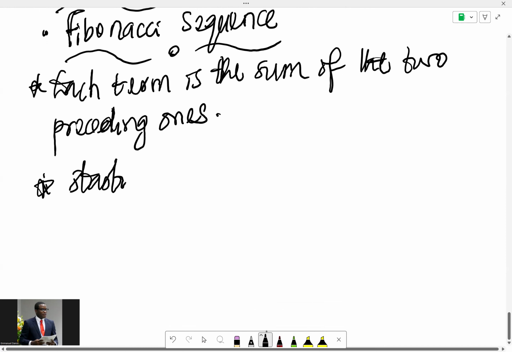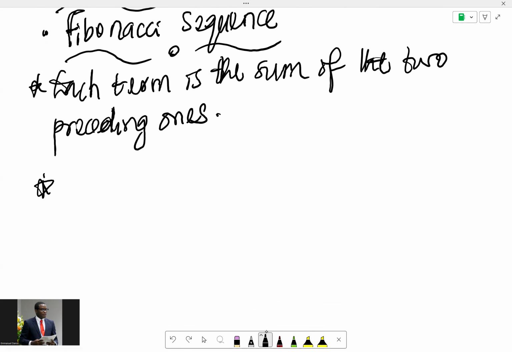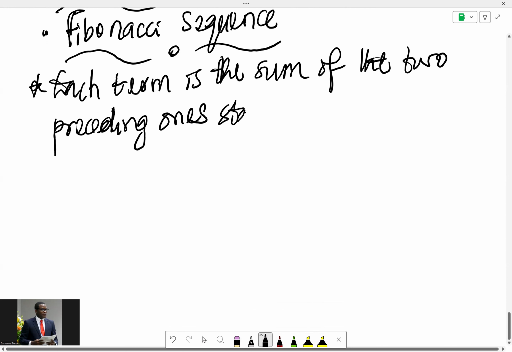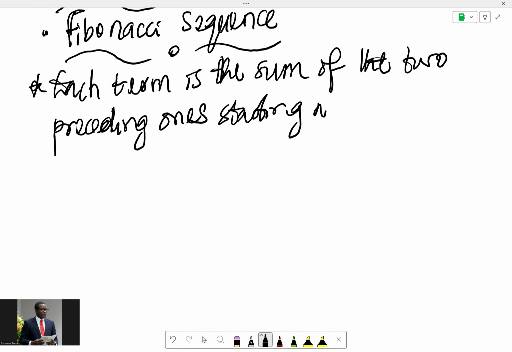So each term is the sum of the preceding two terms, starting with 0 and 1. A Fibonacci sequence is simply this. You cannot make it up, it's just what you have. Generally, you have 0, 1.